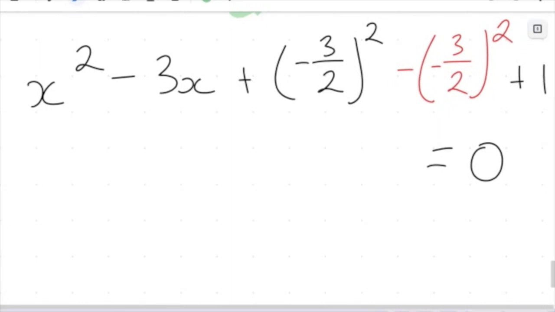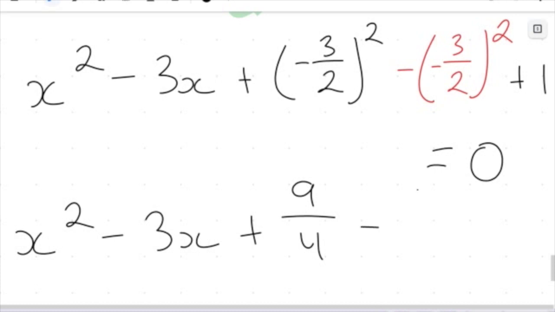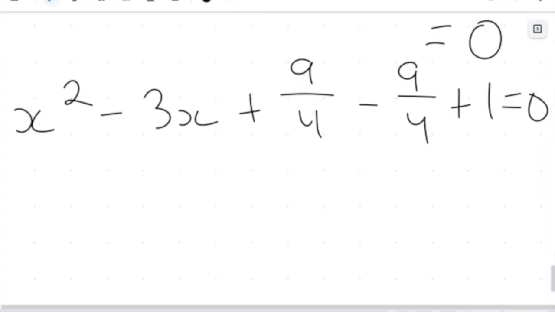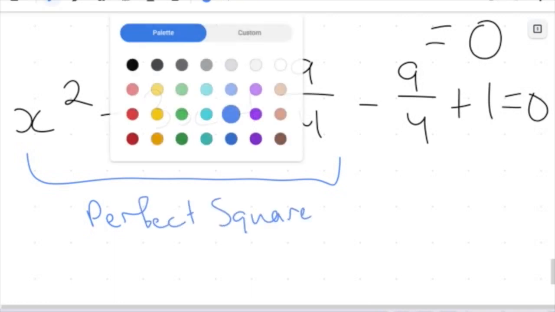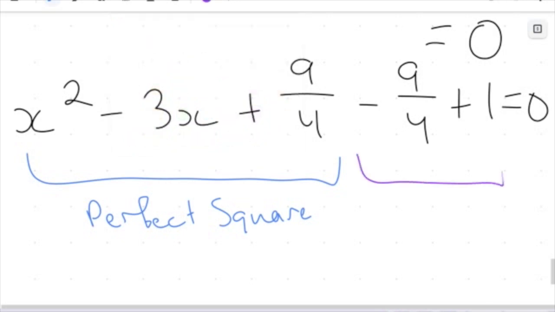Now, what do I get here? I get x squared minus 3x plus, and negative 3 on 2 all squared gives me 9 over 4. And I'm subtracting from that 9 over 4 plus 1 equals 0. And every single time you can hopefully see I'm ending up with a perfect square section, something that factorizes really nicely into a perfect square, and my constants here.